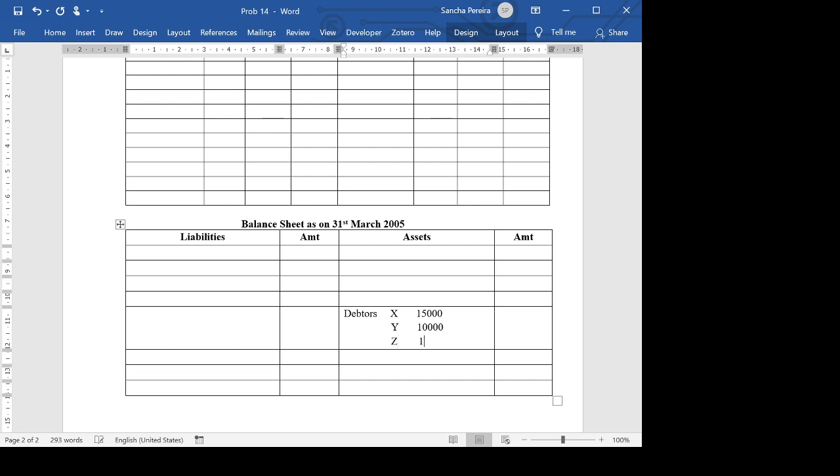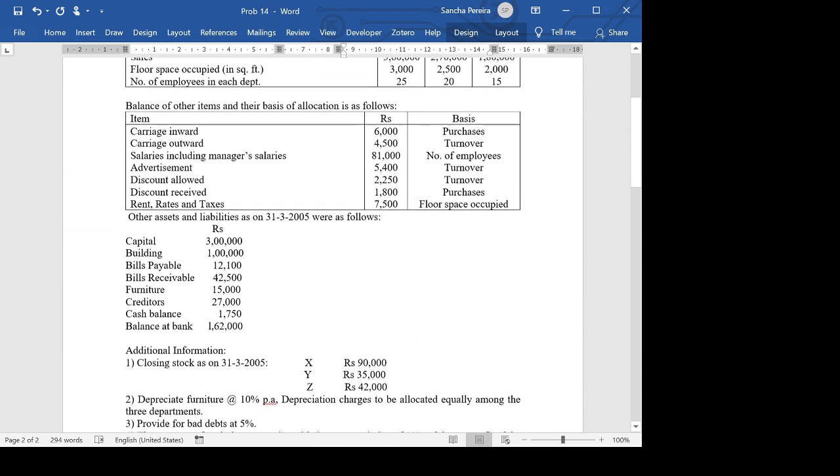Now I'm not going to total this and write it outside because there are bad debts that need to be adjusted here. So I'm just going to keep it like this. We need to adjust the bad debts, so we will come to that later when we calculate the bad debts.